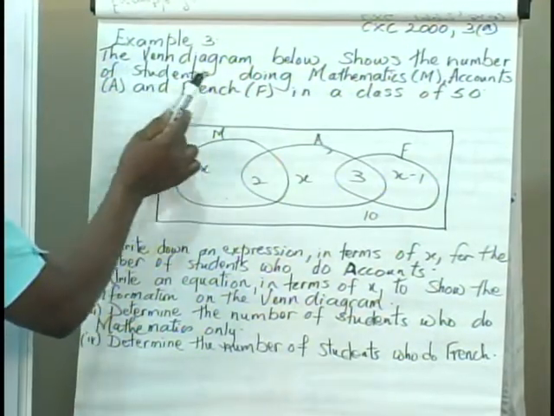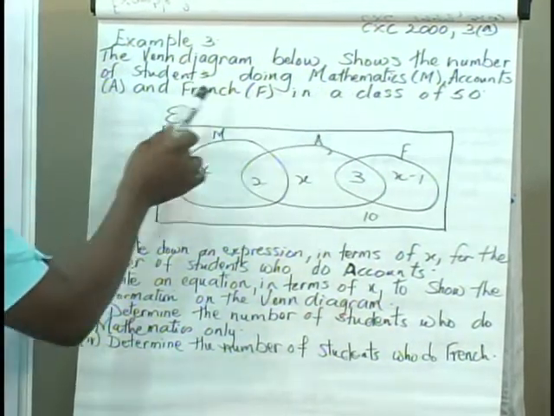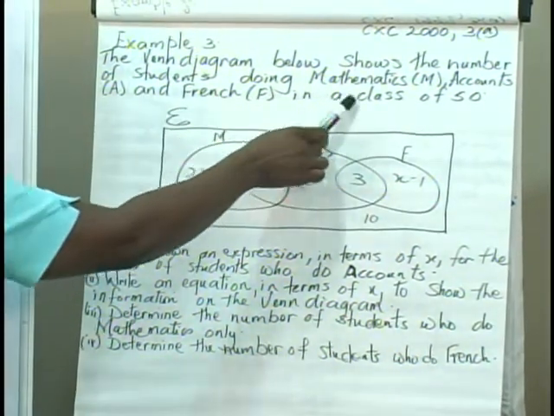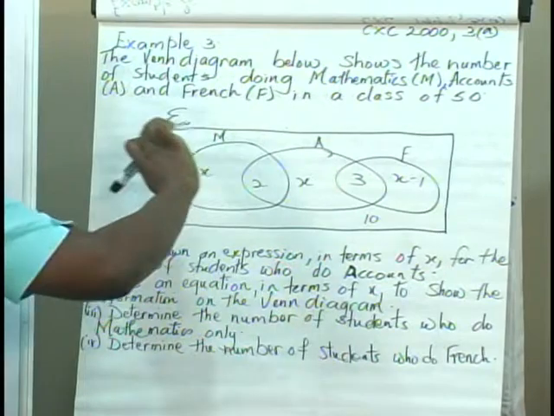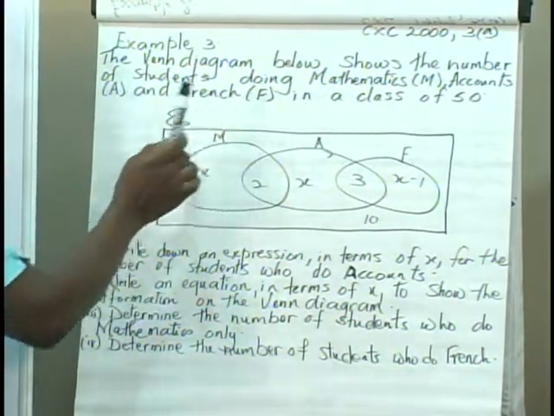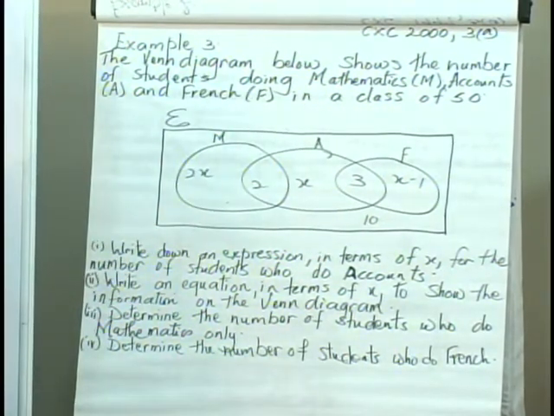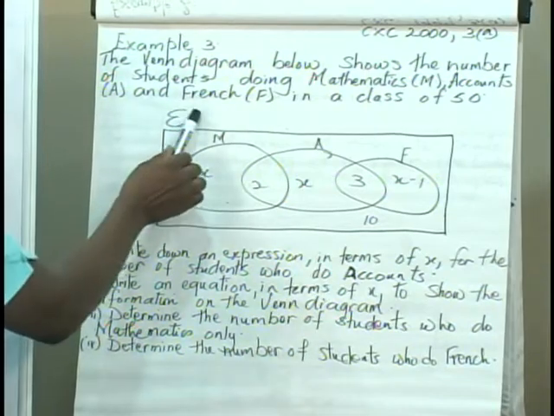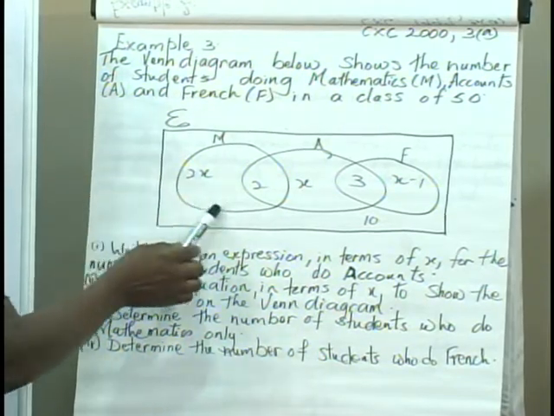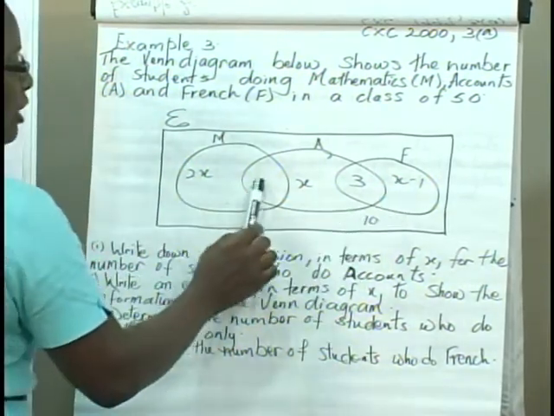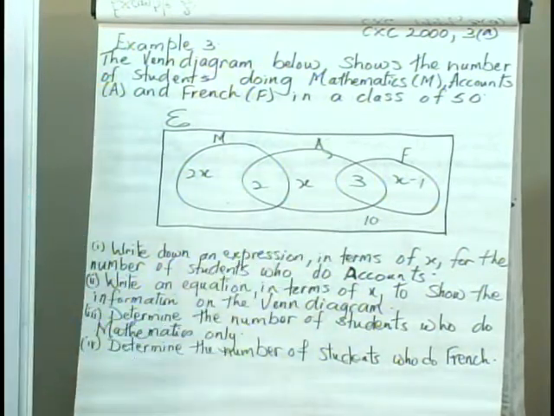The Venn diagram below shows the number of students doing mathematics, accounts, and French in a class of 50. So you see our M, our A, and our F, names of our subsets. Here we have our symbol for our universal set. We have drawn up, and all the regions are represented either by terms or constants.